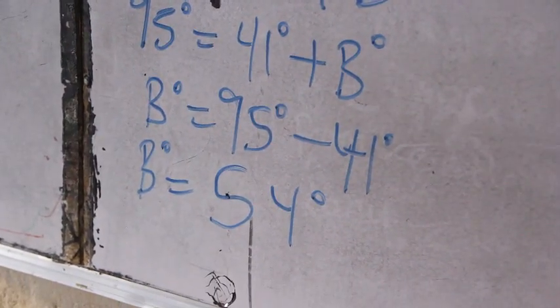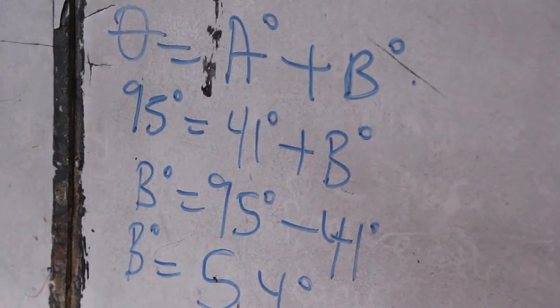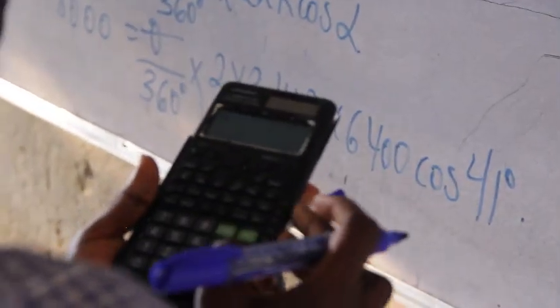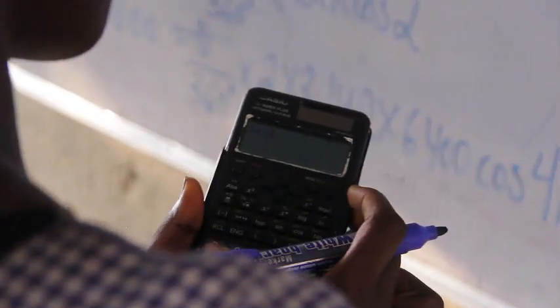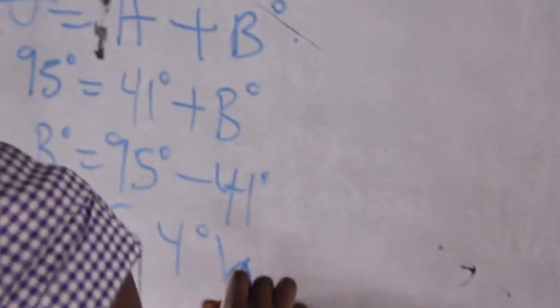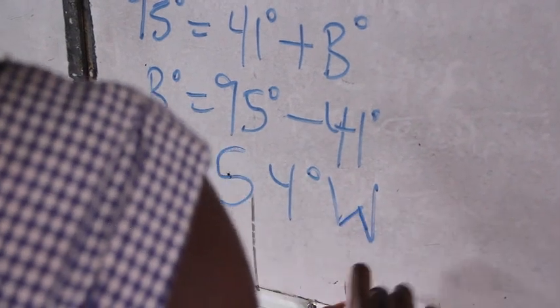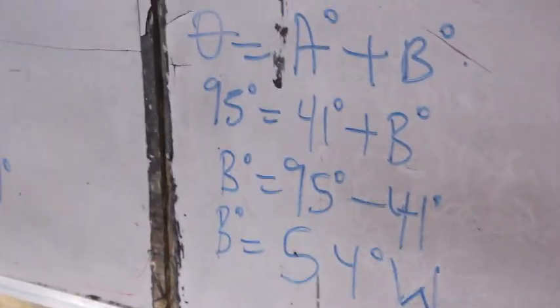Is it 54 degree west or 54 degree east? Is it east or west? It's west. Okay, now please let me quickly add one or two things to this. You have done well. Please clap for her.